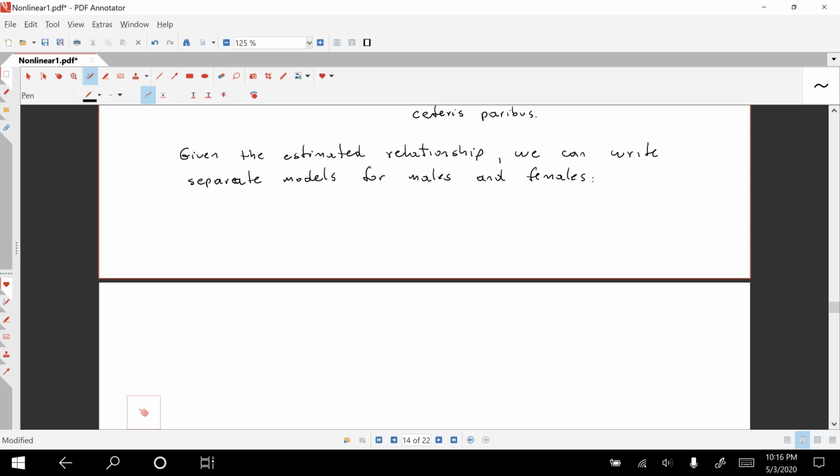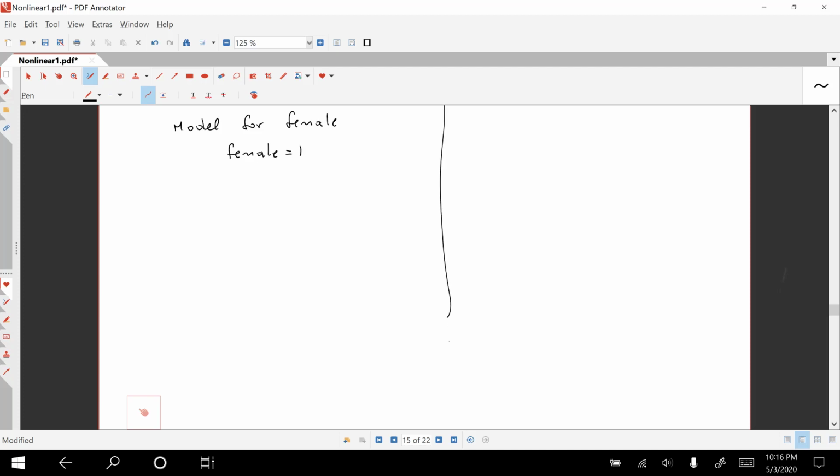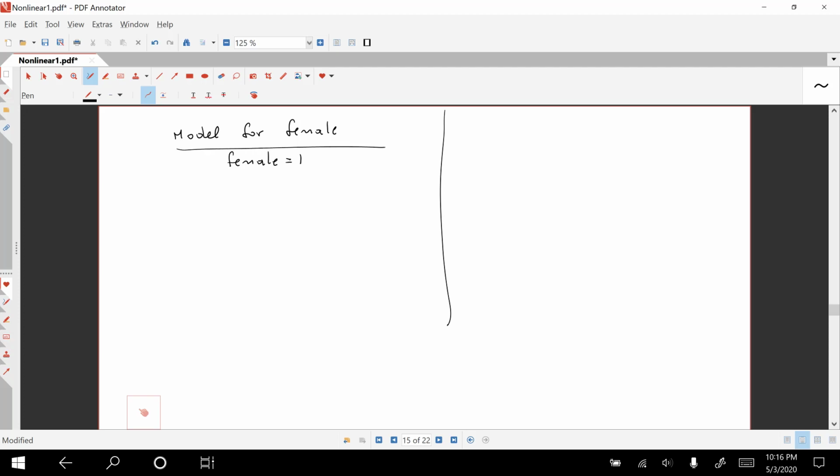Okay, so let's start with the model for female. What we're going to be doing is just plugging in a 1 in the estimated relationship. Female equal to 1.